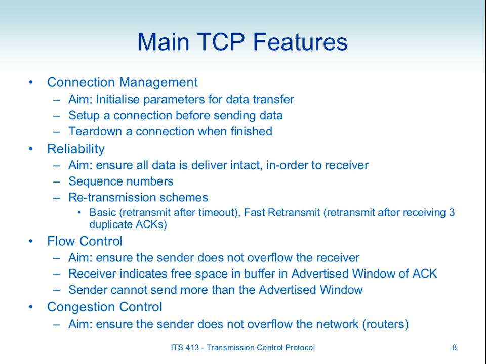We don't want packets to be dropped at routers. Packets being dropped at routers is referred to as congestion. The internet is congested. So TCP implements a mechanism to control the congestion, try to avoid this situation.